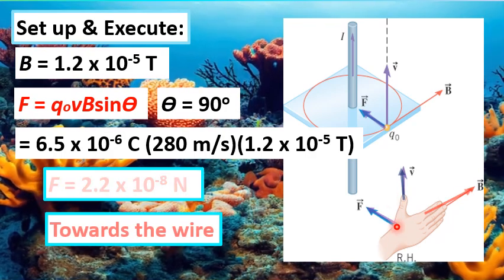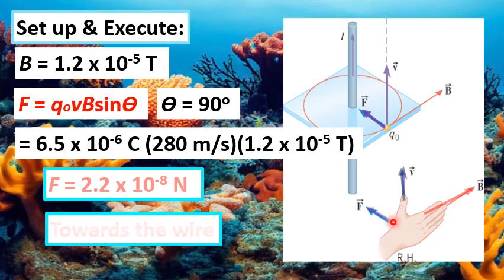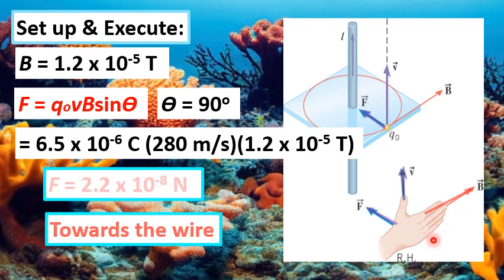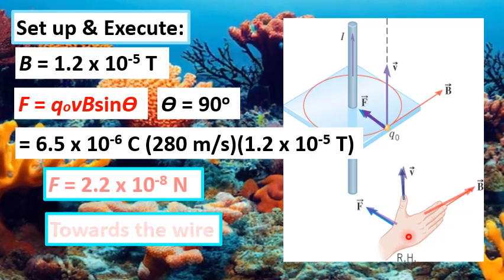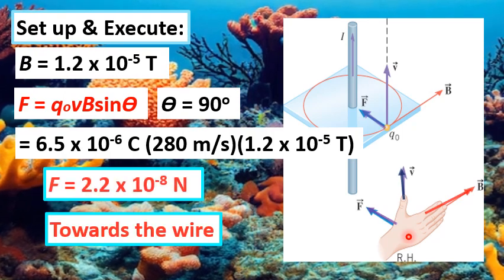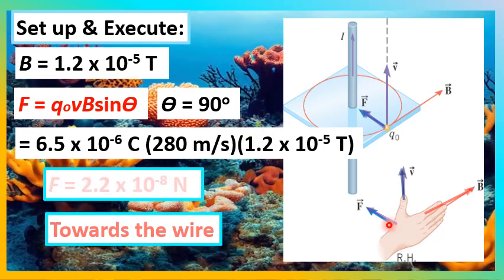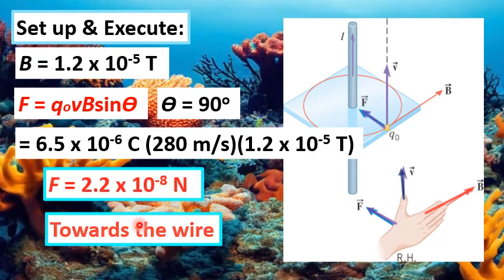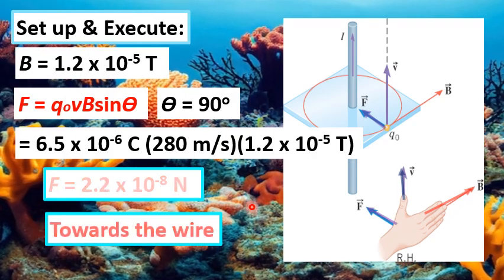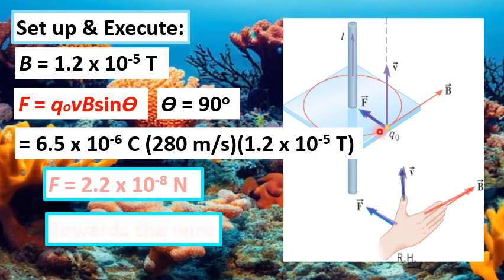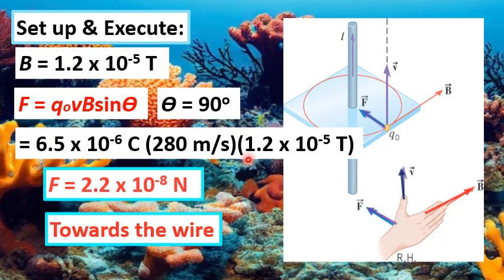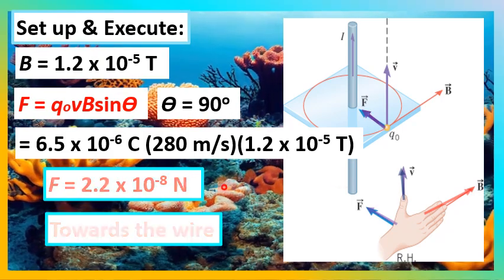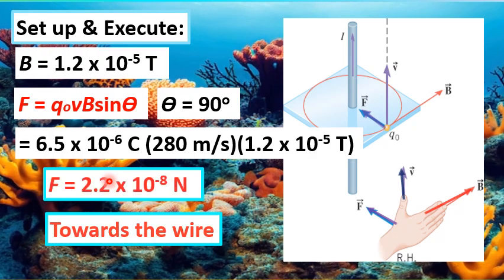And that direction of the magnetic force F is what is represented by your palm. Your right hand palm, when you do the slapping, is in fact facing the direction of the magnetic force. That's why we are able to conclude that the magnetic force exerted by the magnetic field on the charge Q naught, which is a positive charge, is in fact directed towards the wire.